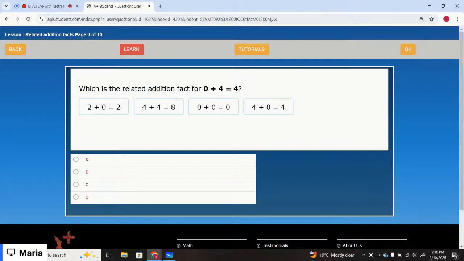Which is the related addition fact for 0 plus 4 equals 4? That is 4 plus 0. Option D is the correct option.